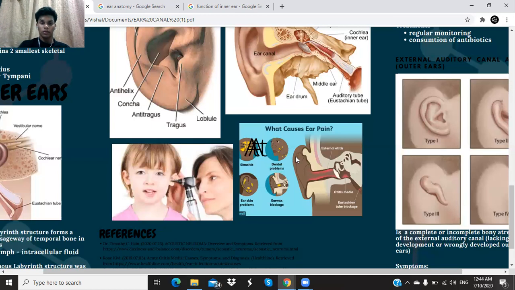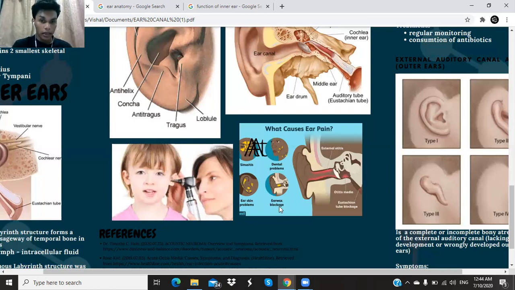There are also four different causes of ear pain that are very common in our society. Excessive sinus in our face might cause ear pain. Dental problems might cause ear pain as well. Ear skin problems like psoriasis can cause ear pain.